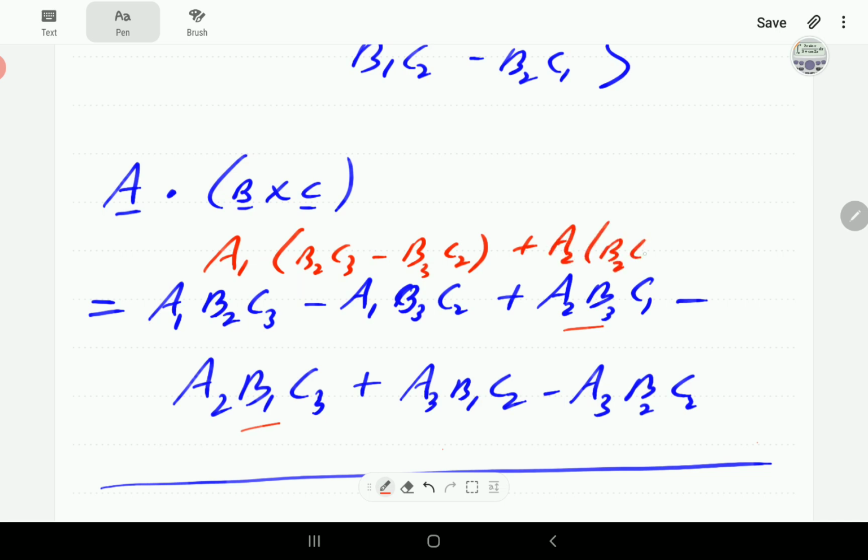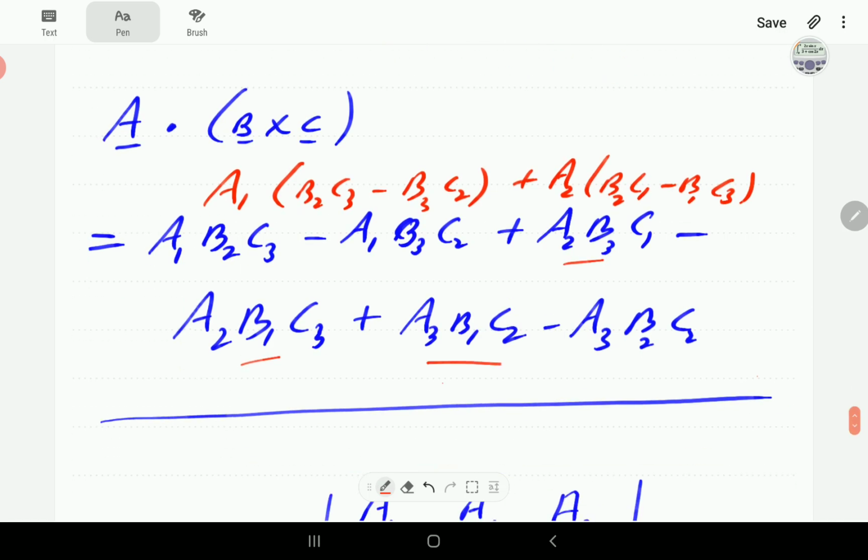It's B3 C1 minus B1 C3. In between these two can factor out A3. It's going to be B1 C2 minus B2 C1.